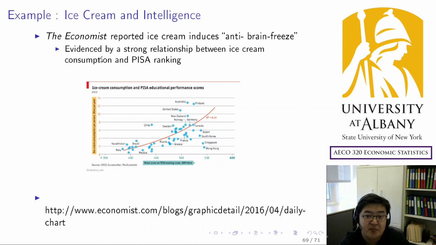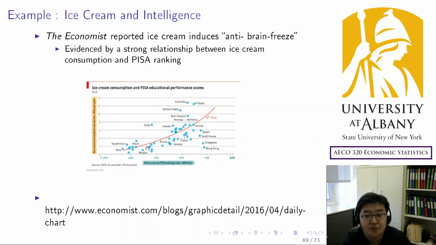It's evidenced by a strong relationship between ice cream and PISA, a standardized test ranking across countries. It uses nonlinear regression, but the basic idea is the same. And R square is 49%. 49% of test score is explained by ice cream consumption.